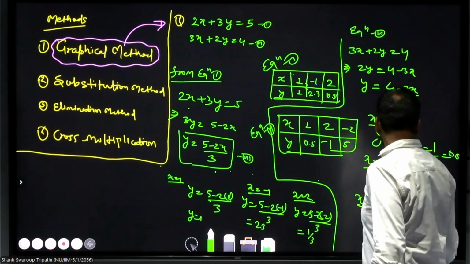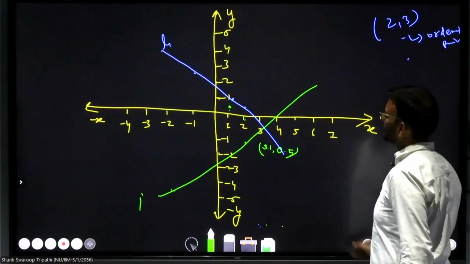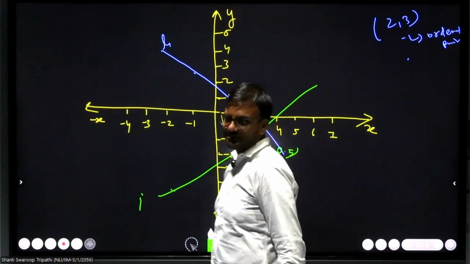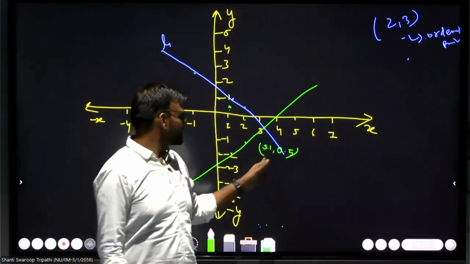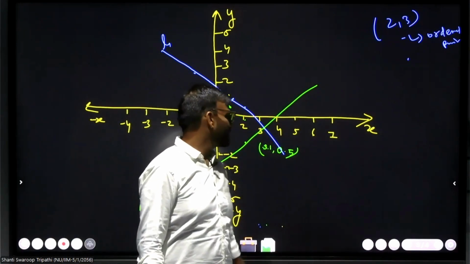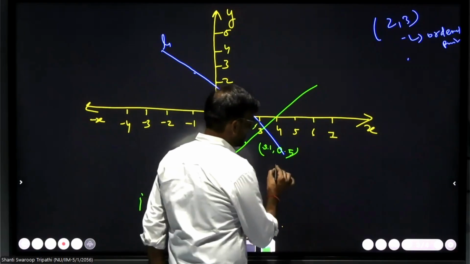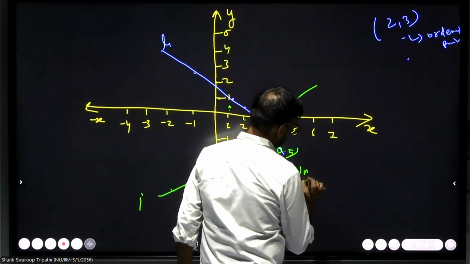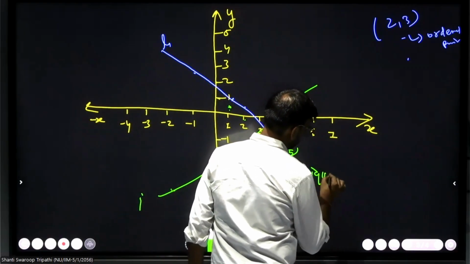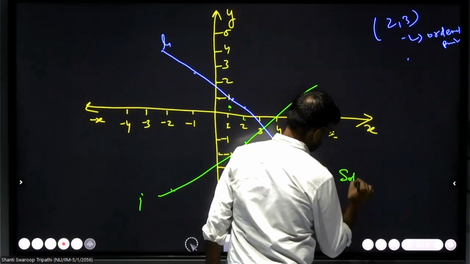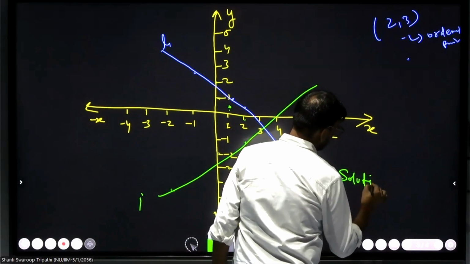I think this is a plotting error, but that is not a big issue. In the next question, I will correct it. So this is 3.1 and 0.5. This is our unique solution.